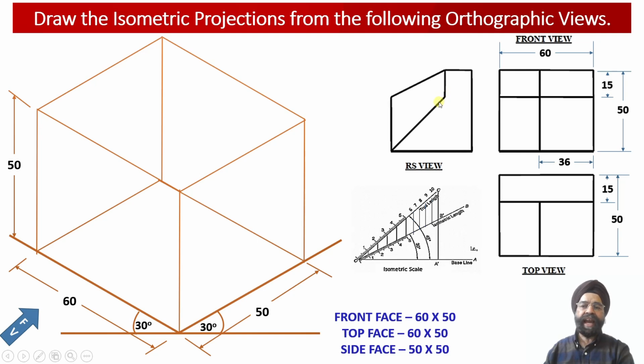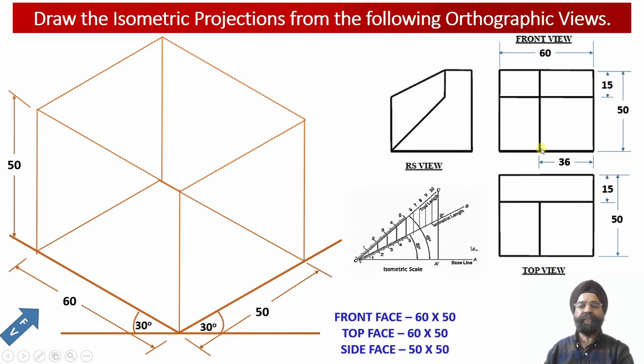This inclined surface is going to move towards the front side of the solid, and it will be extended up to this portion of the solid over here. So this is the second thing we have observed through this orthographic projection, that there is a sloping portion which is visible to us from the right hand side view, and up to what particular length this sloping portion will continue.